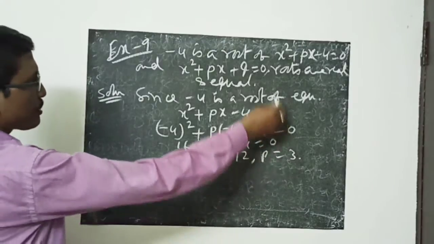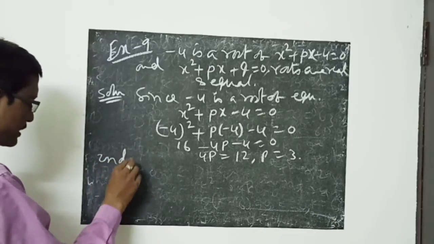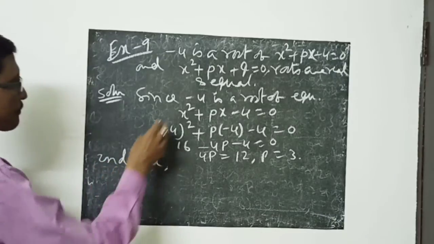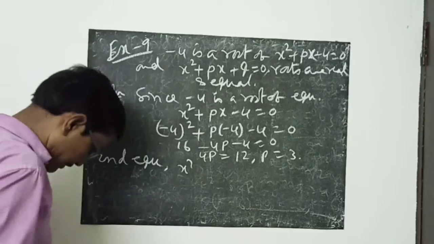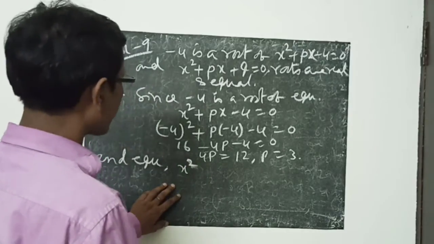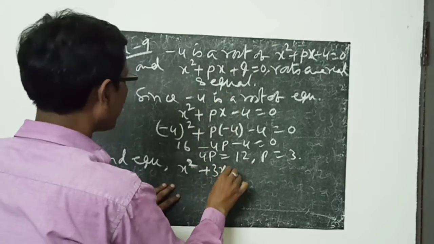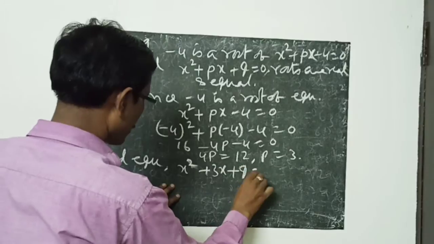And using that p equal to 3, the second equation becomes x square plus 3x plus q equal to 0.